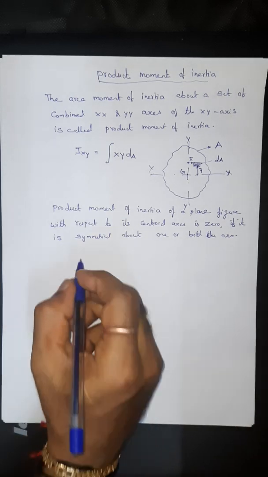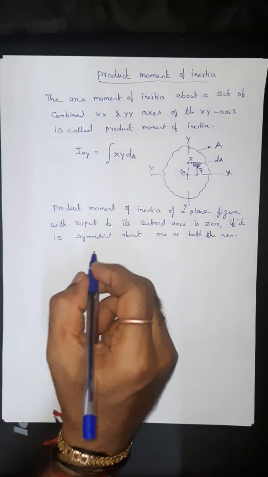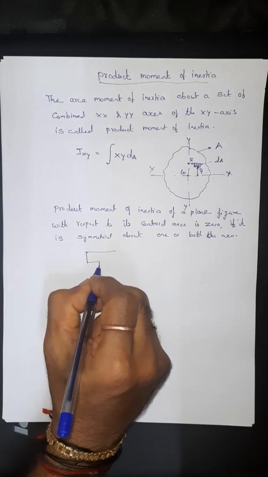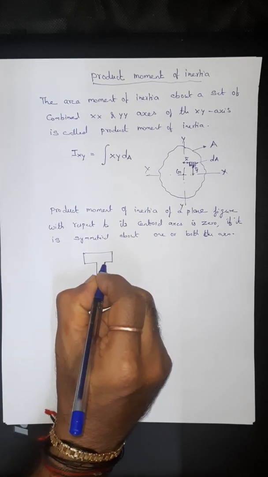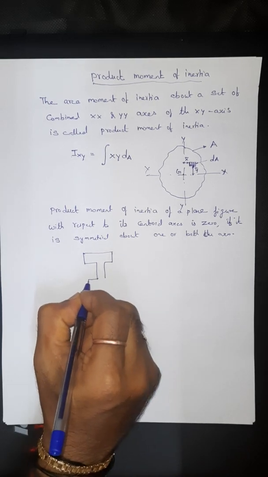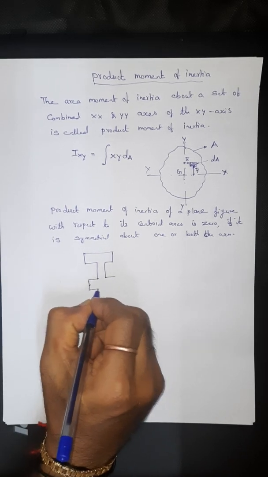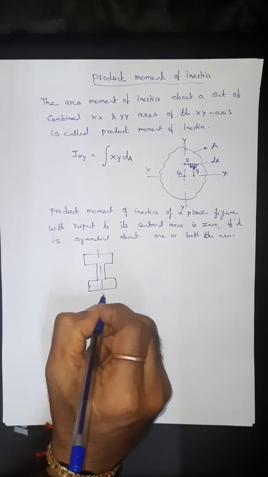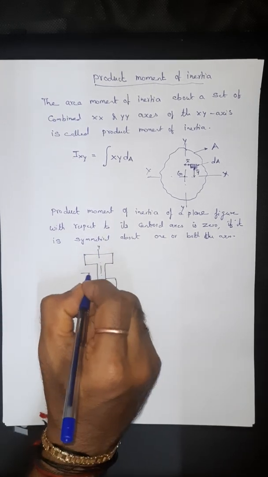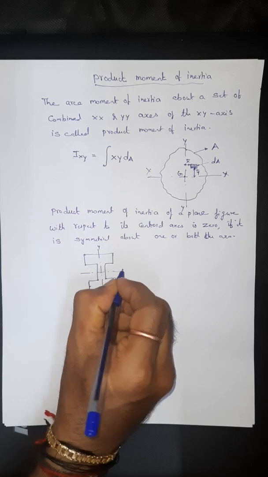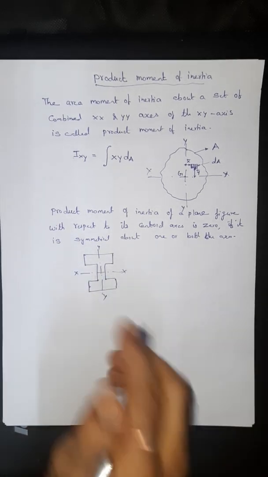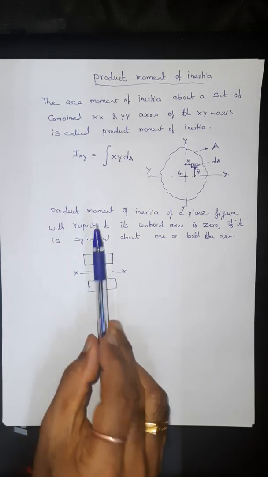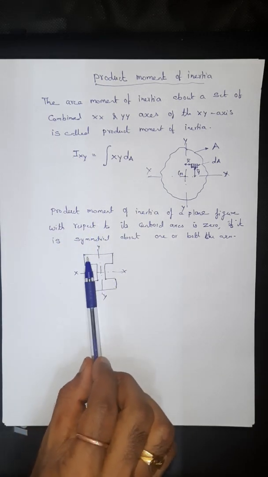So for an example, assume the I section, and its centroidal axes. This is the y axis and this is the x axis. Look at here, in the centroidal axes, it is a mirror image. If you consider yy, it is a mirror image of the other half.